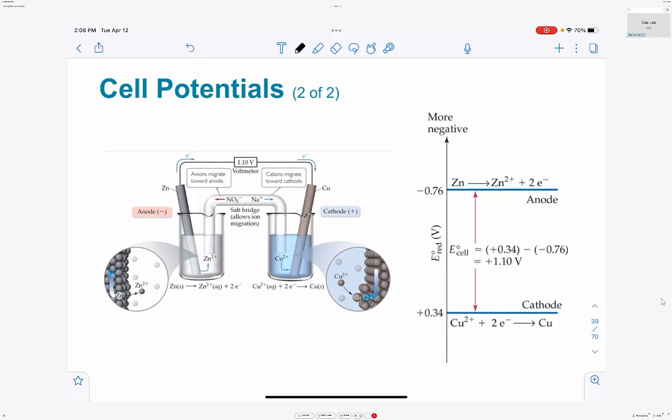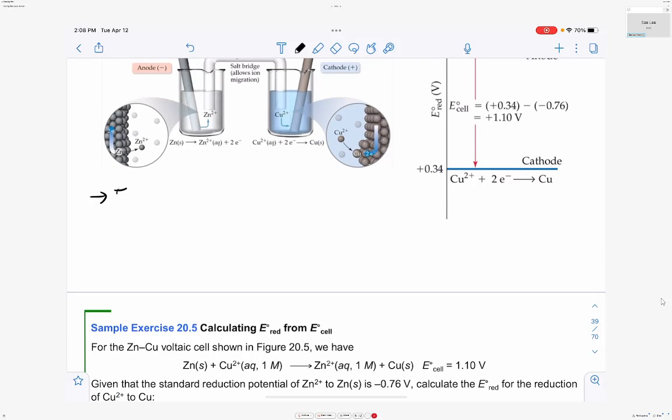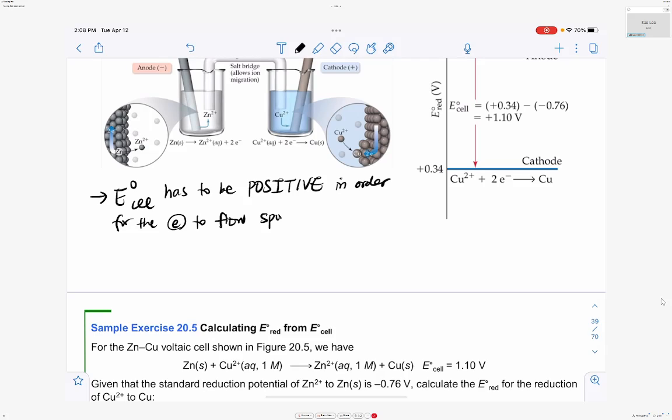I'm going to write that note down here: it has to be positive in order for the electrons to flow spontaneously from one direction to the other.